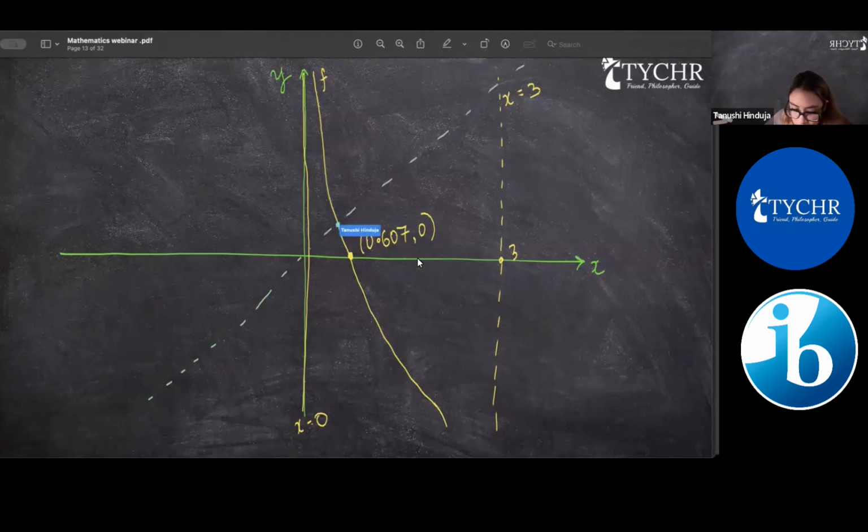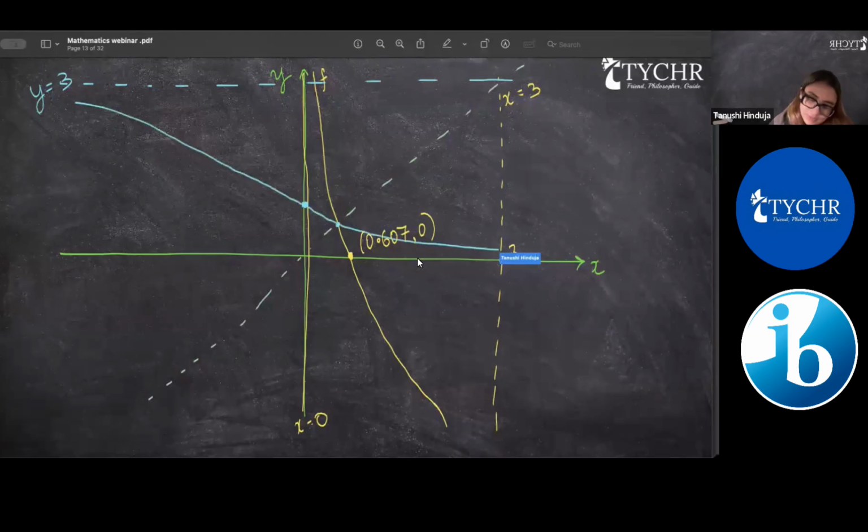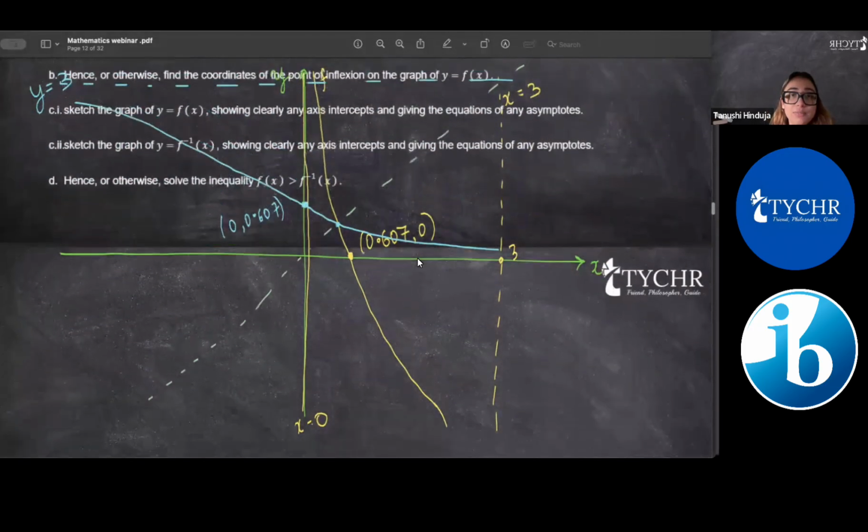The intercept would now be over here, and the asymptotes would now be y equals 3 and y equals 0. It will go like this. And this point would be 0, 0.607. And that would be your graph for f and f inverse.